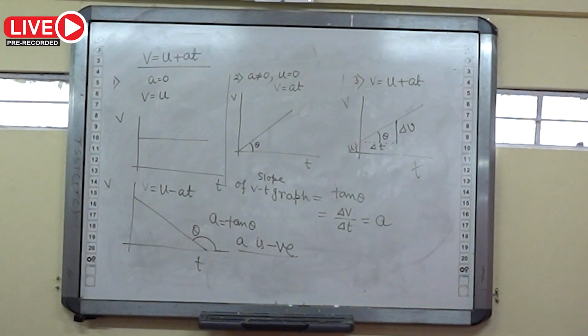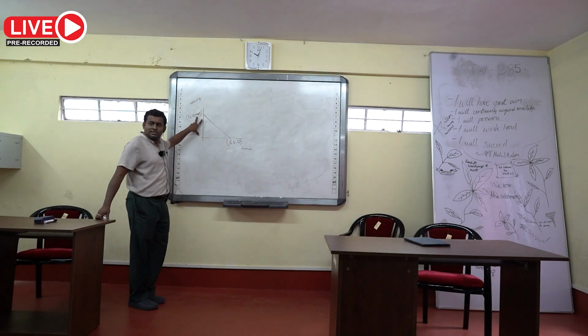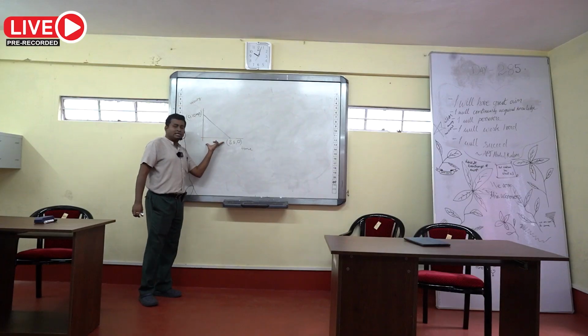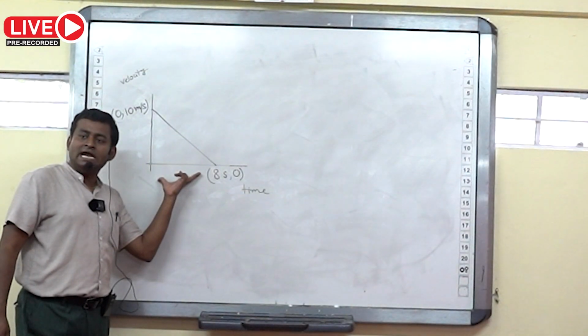Positive acceleration means velocity increasing. Negative acceleration means velocity decreasing. That is called retardation. Since theta lies in the second quadrant, tan theta will become negative and it will represent retardation. What is this height in velocity axis? 10 meter per second. And what is this length? 8 seconds.